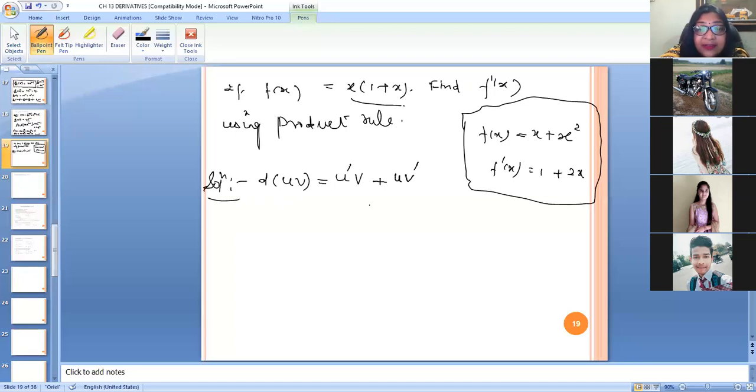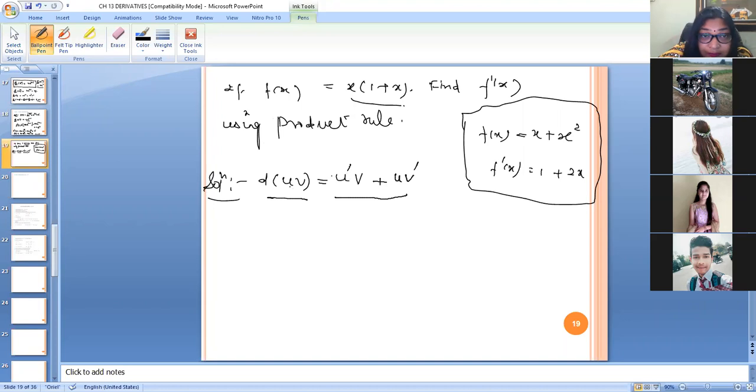Instead of writing f(x) and g(x), it will be mentioned in your book also. We say it the uv formula, the u upon v formula. Derivative of uv, where u is a function of x and v is a function of x, is equal to u derivative into v plus u into v derivative, and we denote it as u dash v plus u into v dash. This is one shortcut way.